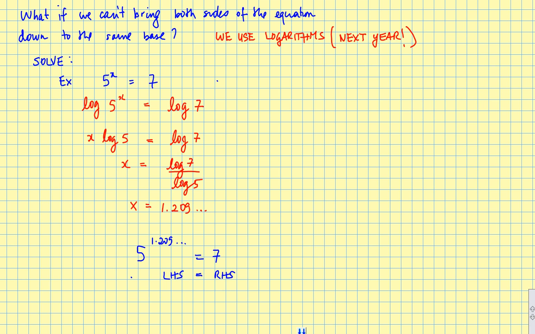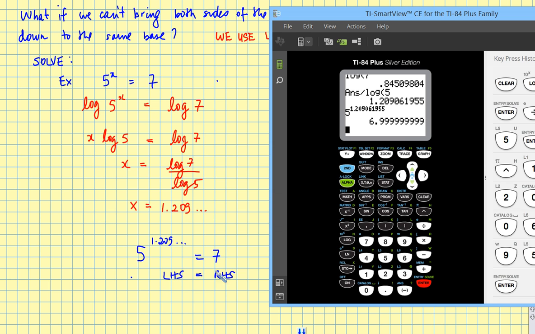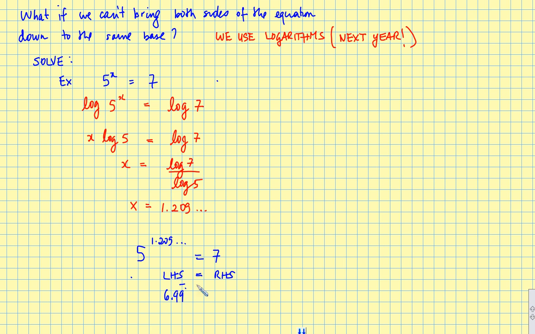So again, I'm going to open up the calculator and do 5 raised to the power of 1.2090606955. I didn't have to put that many numbers, but I just wanted to be consistent. I enter it, and lo and behold, I get 6.99999, which when rounded goes to 6.999 repeating, is equal to 7, and 7 does equal 7.